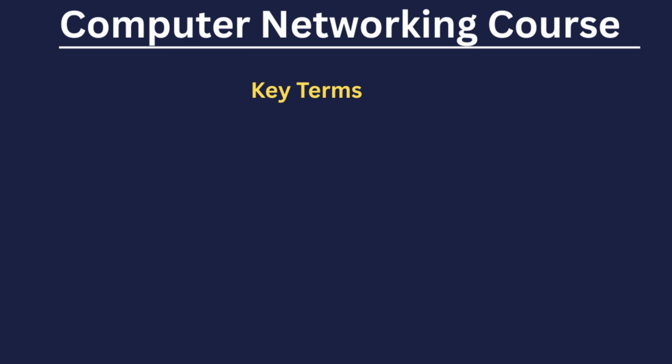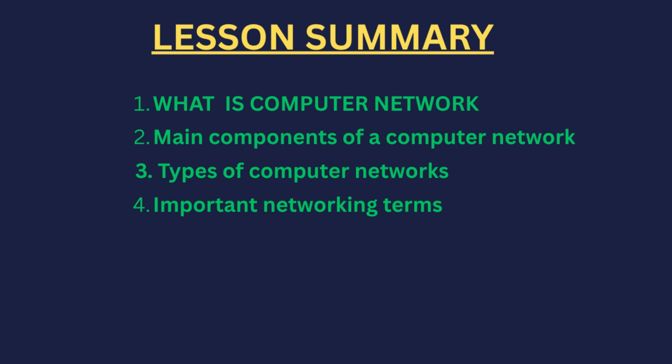Let's quickly review what we have learned today. In this lesson, we introduced the fundamentals of computer networks. We learned that a computer network is a collection of interconnected devices that communicate and share resources. We explored the four main components of computer networks: the endpoints, the network devices, transmission media, and communication protocols.